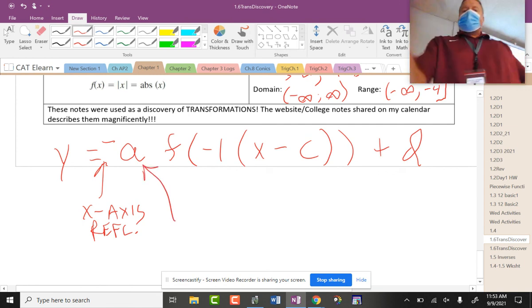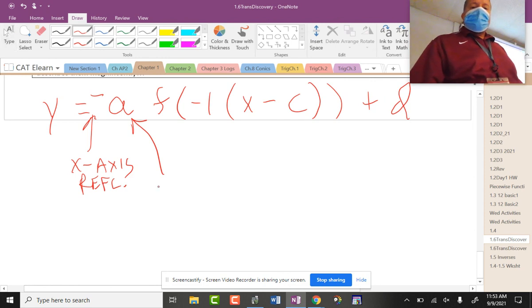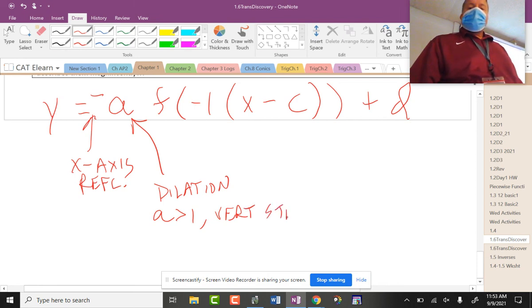When you look at this little sheet, this is called a dilation. And then on your sheet, it does say when A is greater than 1, it's vertically stretched. When A is between 0 and 1, that means a fraction, it's a vertical shrink.